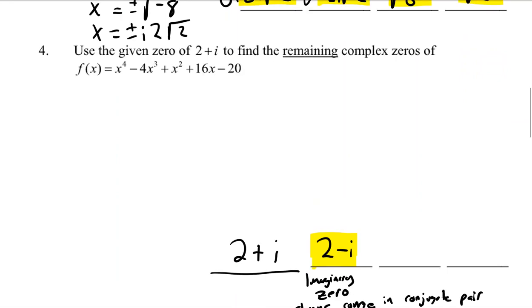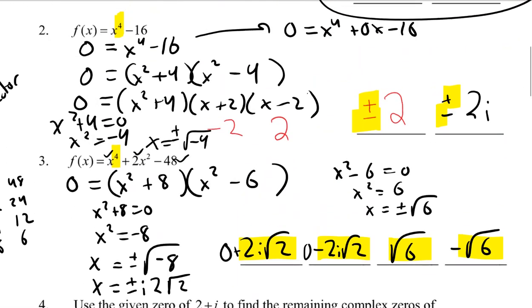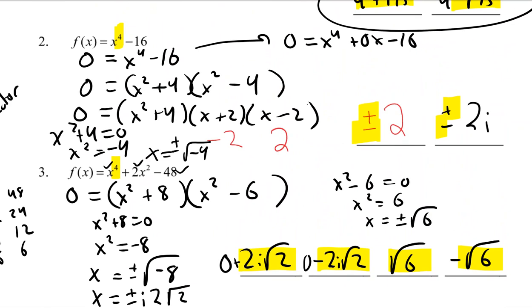Okay, now if we go backwards, like right here, if we have the factors, we set the factors equal to 0 and solve, and we get zeros. But what if we have zeros and we want to go the other direction and write them as factors? Well, to change a zero into a factor, you just do x minus the zero.